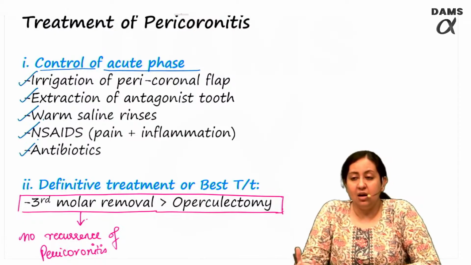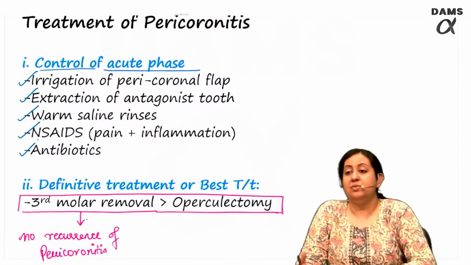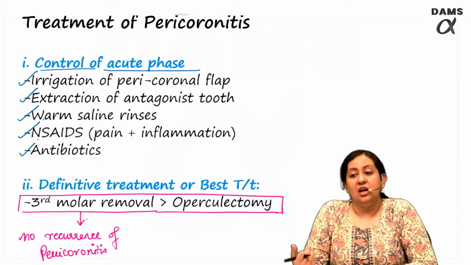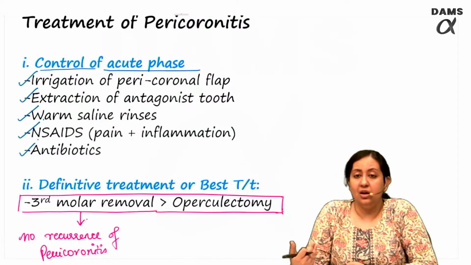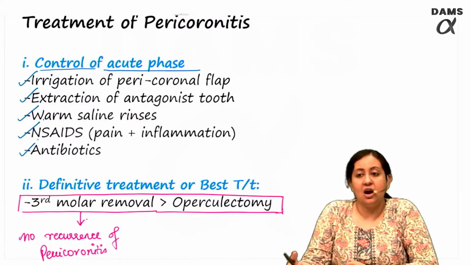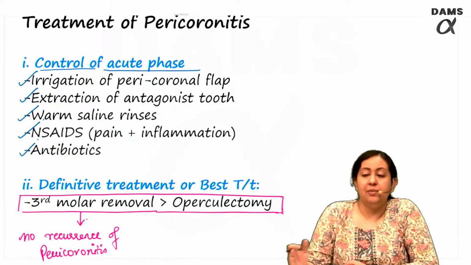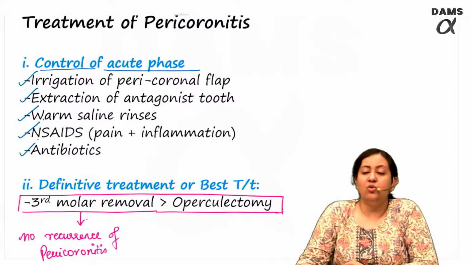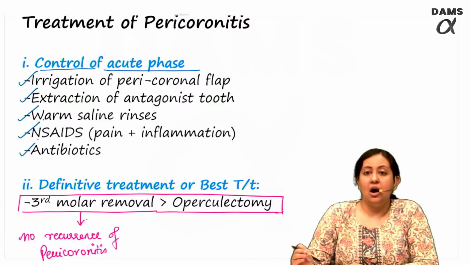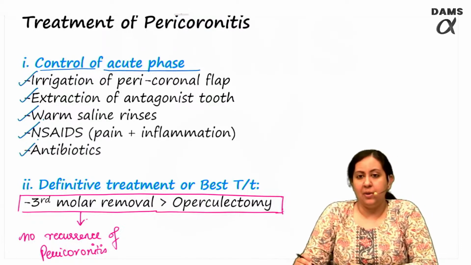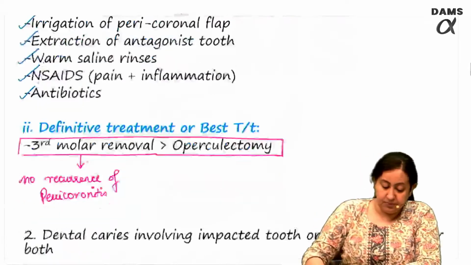It can again cause inflammation and irritation to the patient. That's why even if you do an operculectomy, the chances of recurring pericoronitis are higher as compared to removal of third molar. So removal of third molar is the best treatment for pericoronitis.